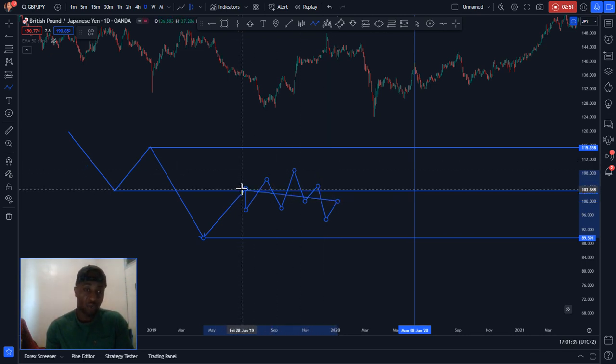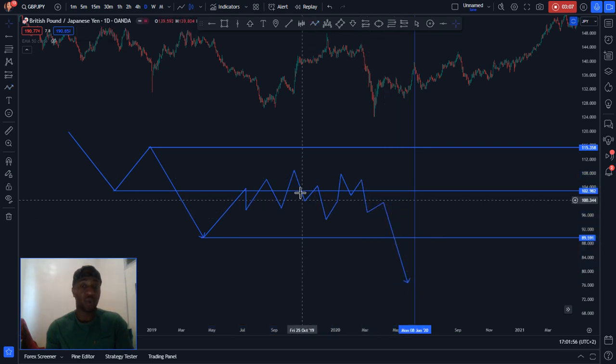Do not try to mark these points right here, because we are still on the lower low. This was a lower high, and then this was a lower low. Leave the market to play around, it's fine, until the market breaks below this point right here. Then you would know that this was the lower high and this was your lower low.